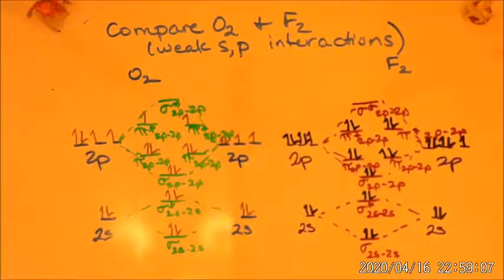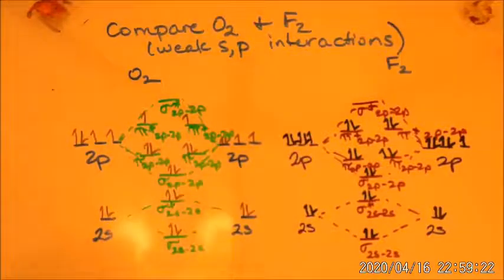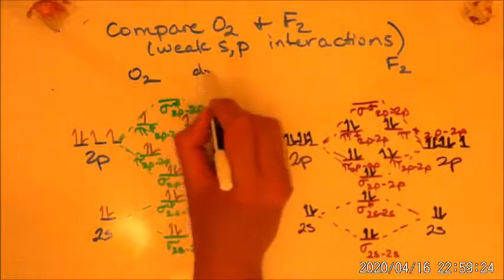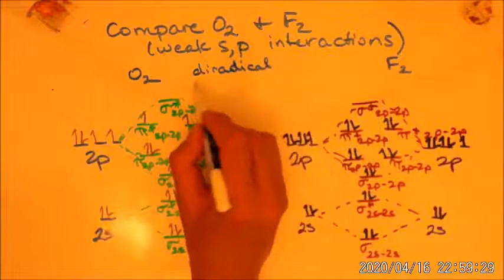All right, so now that we have filled in our molecular orbitals and have done our electron configurations, what can we determine? First of all, the magnetic properties: this is a diradical, so I have 2 unpaired electrons.